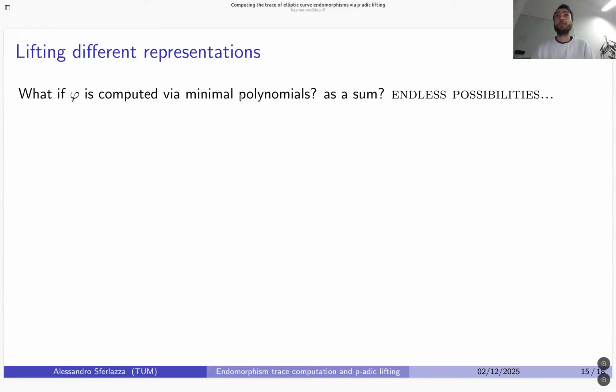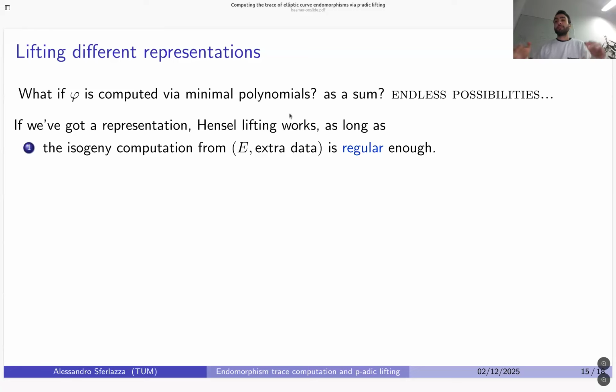And that's of course not a coincidence, because there's not much special about a chain or an HD representation. Given most of the isogeny representations you can think of, like using the defining polynomials, or describing it as a sum of morphisms, you can still lift the representation as long as there are some requirements. That is, the computation is a regular function, like a rational function, for example.